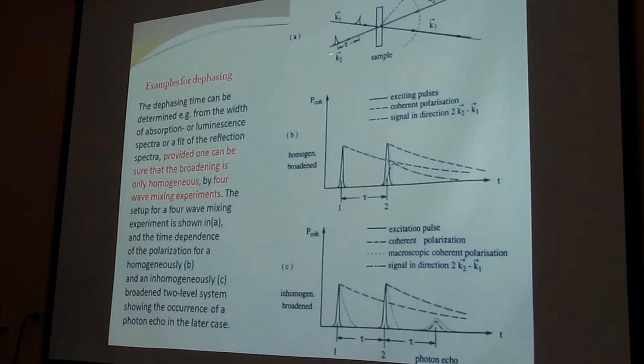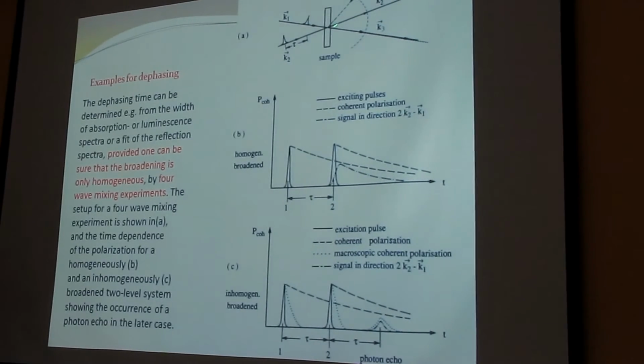With a certain time delay, you send a second laser pulse, which also produces a polarization, and the leftover polarization from the first pulse interferes with the polarization produced by the second pulse. You get a modulation of the polarization, you get a diffraction grating, and you get a diffracted order.